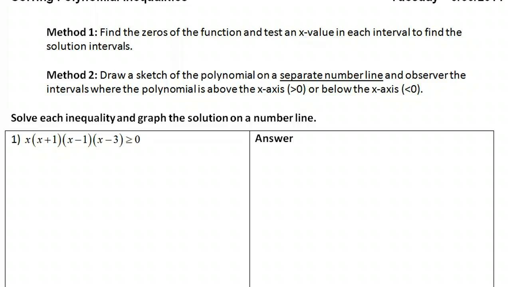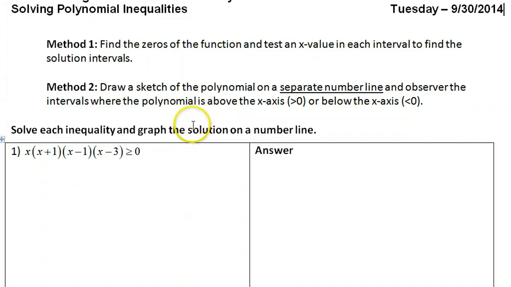For each of these, you have to decide whether you want to do it graphically or if you want to do it by doing test values. Some students prefer it one way, some students prefer it the other way. I am a visual thinker, so my tendency will be to use method 2 because I can do it much faster. But I'm going to show both ways, so you decide which way you want to do.